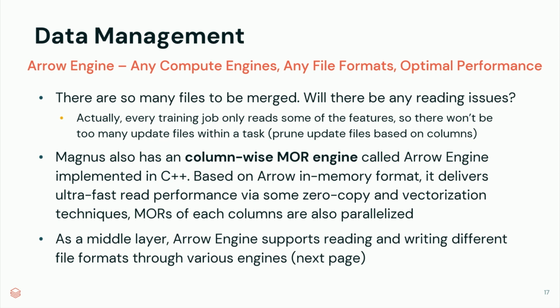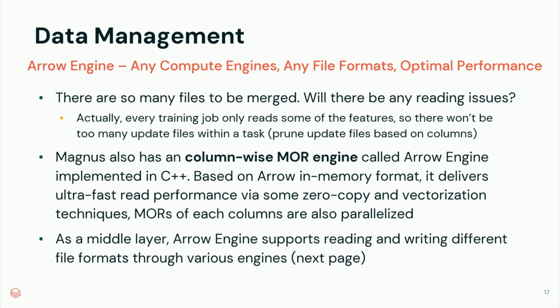But actually, in our scenario, the features are added by different users, and every user just reads their own features. So after pruning the update files based on the required columns, there won't be too many files to be merged within a single scan task. But this situation does exist where the user has added many features with complex merge on read logic, and just wants to read all of them.